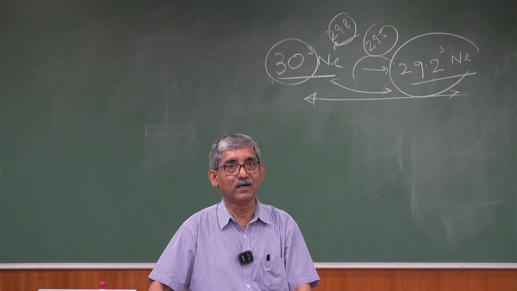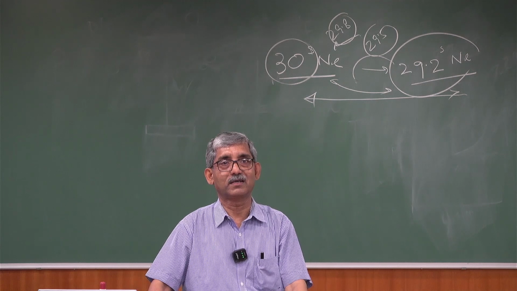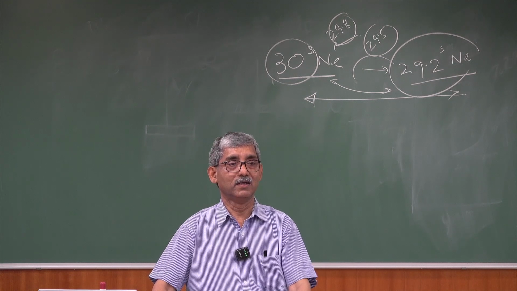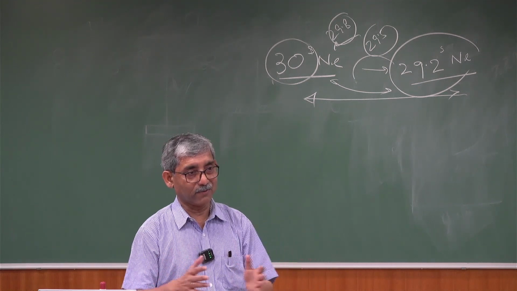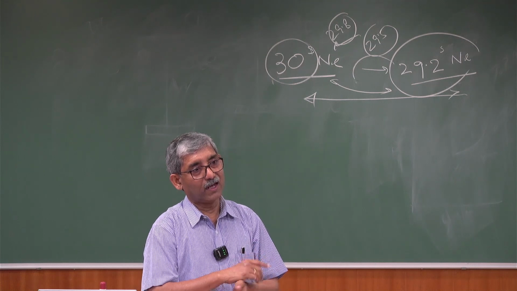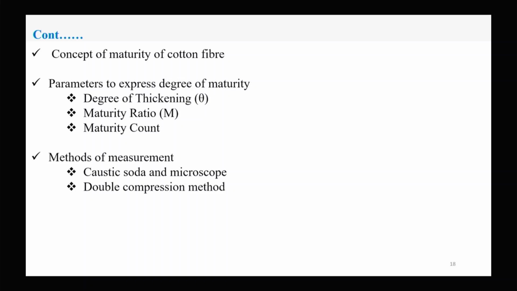We can predict the maturity content. Then the double compression method we will discuss, where we compress the fiber at different compression levels and measure the airflow. It's similar to the airflow method, and through some regression equation we can predict the maturity.